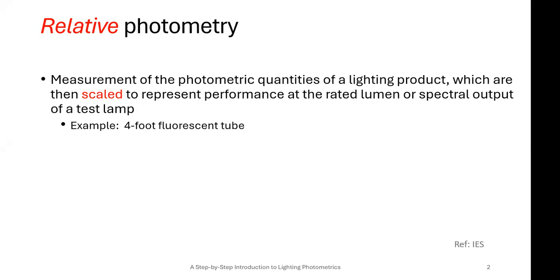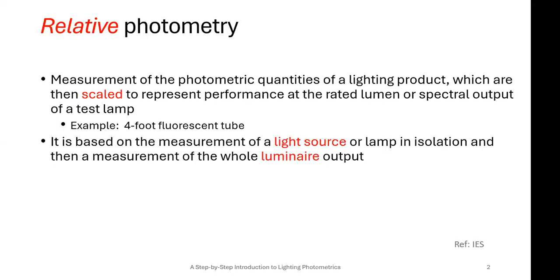And then the same ballast can be used, let's say if it's a 4-foot tube, you could have a full wattage 32-watt lamp, 30-watt lamp, 28-watt lamp, and a 25-watt lamp. So all of those could be used on that one ballast. So it can be scaled up and down.